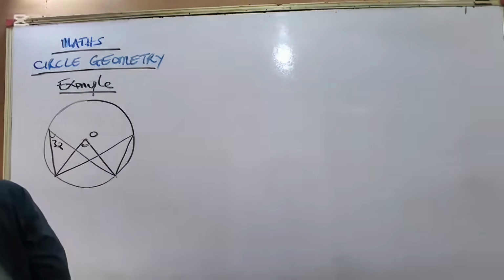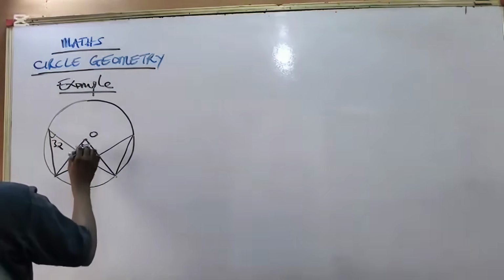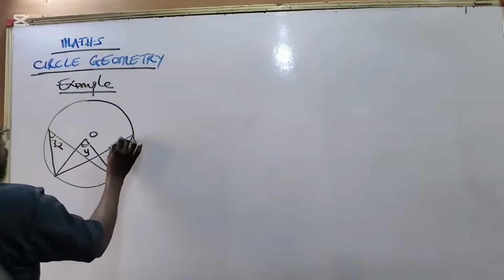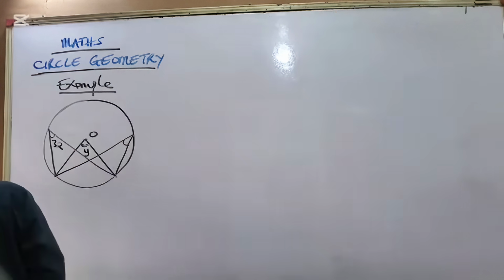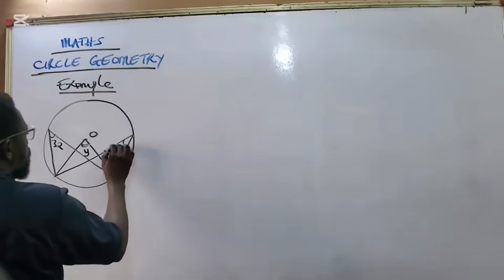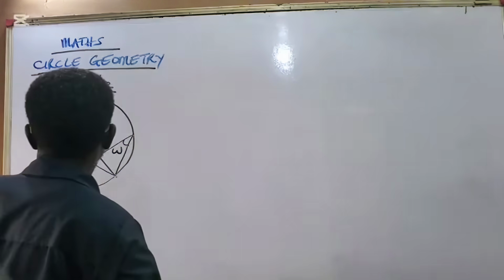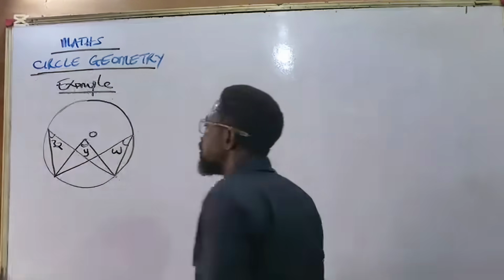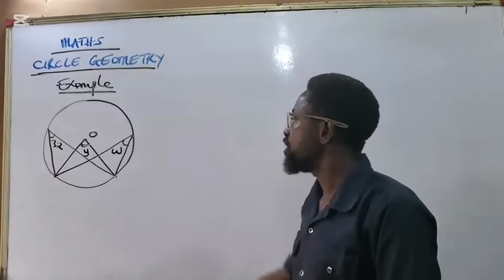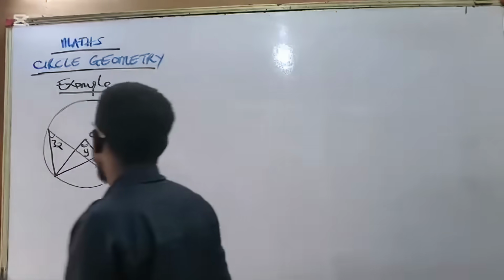Around the center of the circle, here we have y and w. Now we have to find the value of the unknown. So in this case, we are looking for y and w.